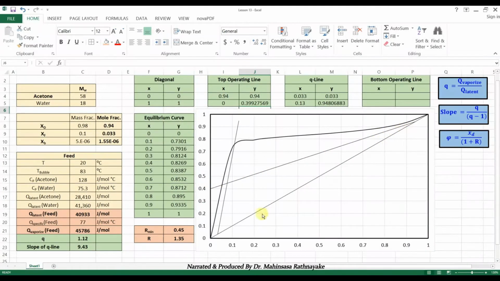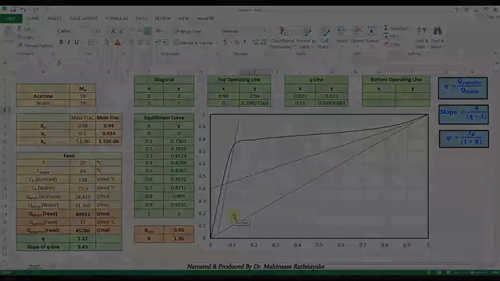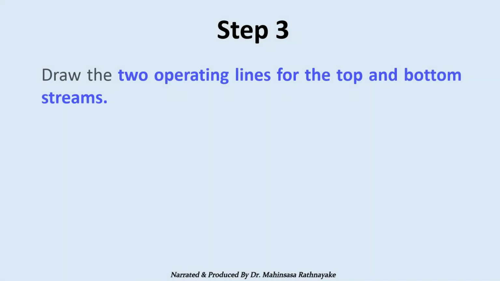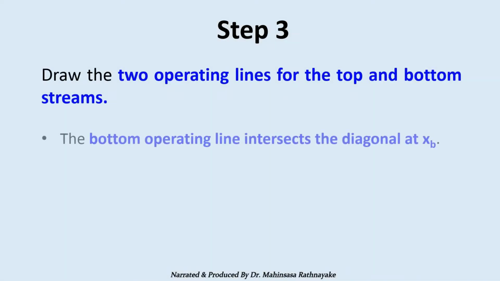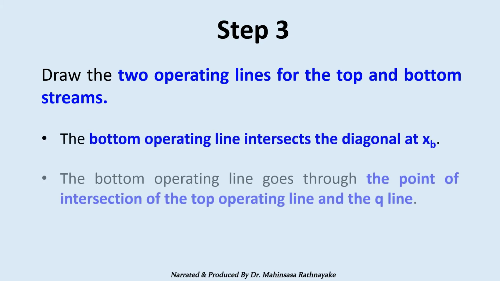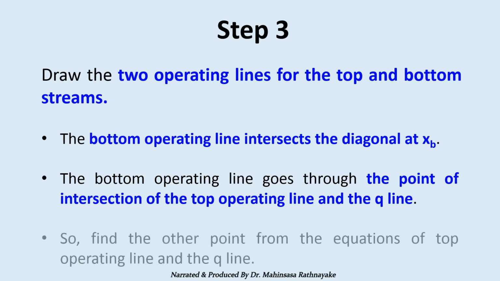Let's continue the drawing of the bottom operating line. We know that the bottom operating line intersects the diagonal at xb. So we have one point. The other point is the point of intersection of the top operating line and the Q line. In order to obtain this intersection point, let's find the equations of the Q line and the top operating line.